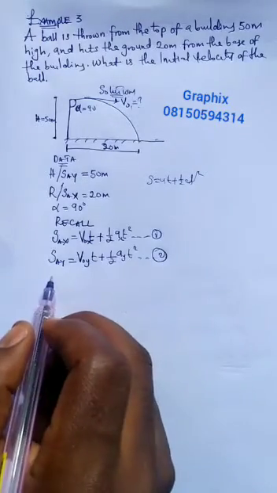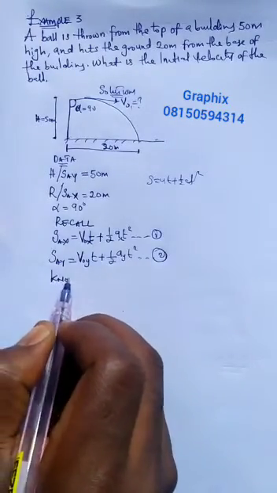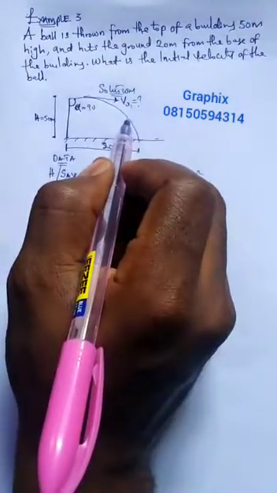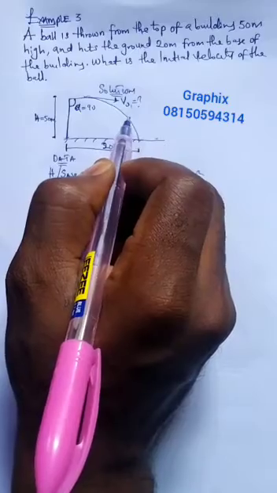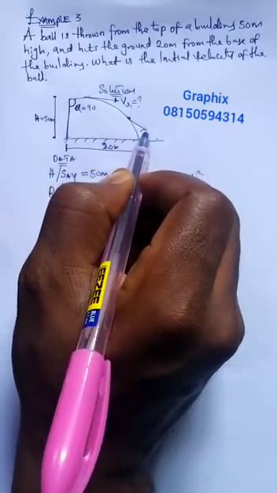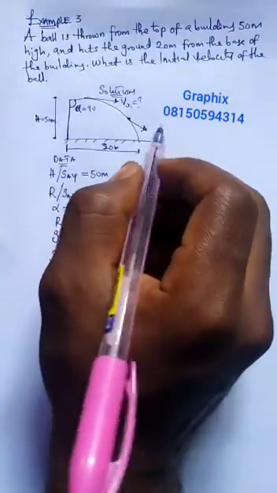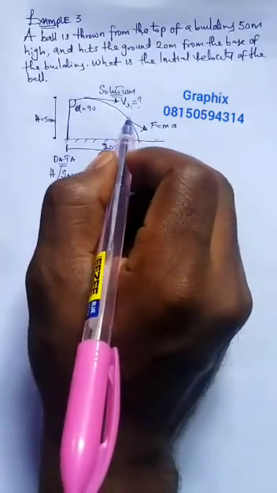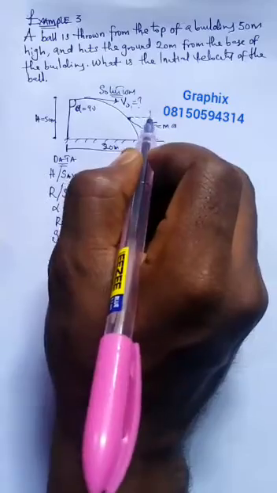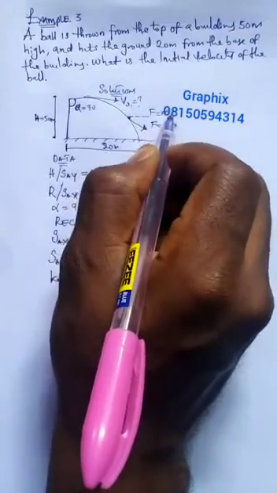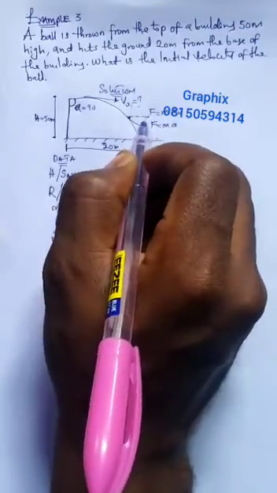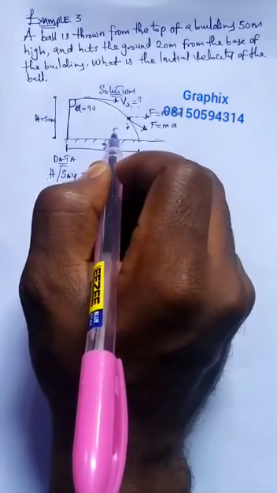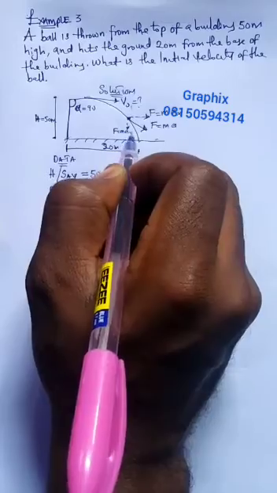Now you need to know that if there's a force acting on the ball at this point, let's say the force is equal to mass times acceleration. If you resolve it, the force here will be mass times acceleration along x-axis, and the force here will be mass times acceleration along y-axis.